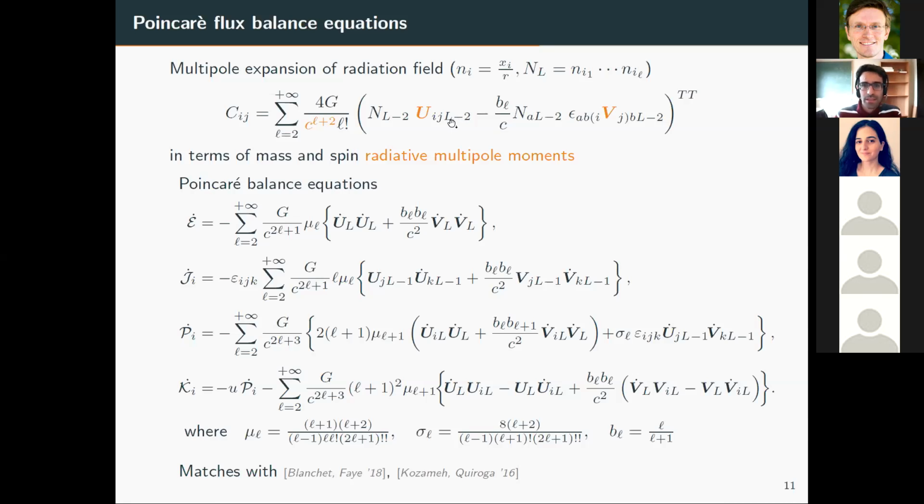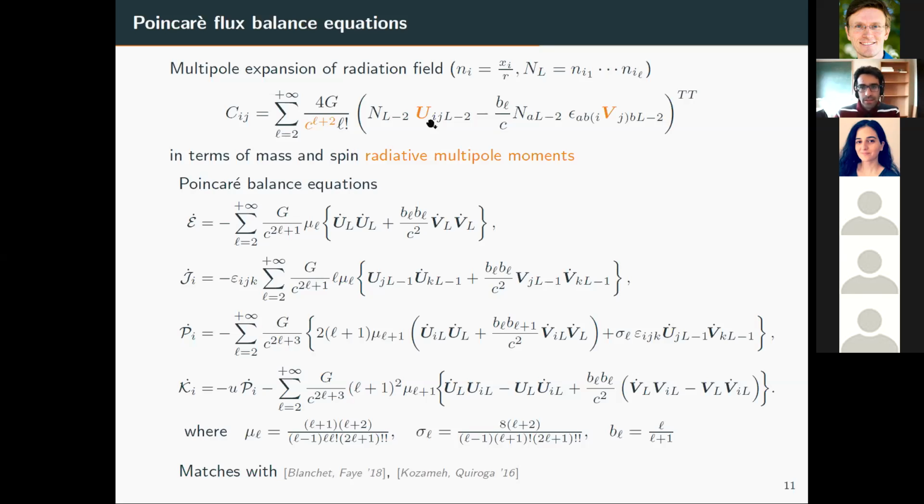These refer to another version of the spherical harmonics, where you take these n_i defined as Cartesian x_i over r, and then you multiply L of them and take the trace-free part. This is called the STF spherical harmonics. So when you have L indices like here, this is a spherical harmonic of rank L.